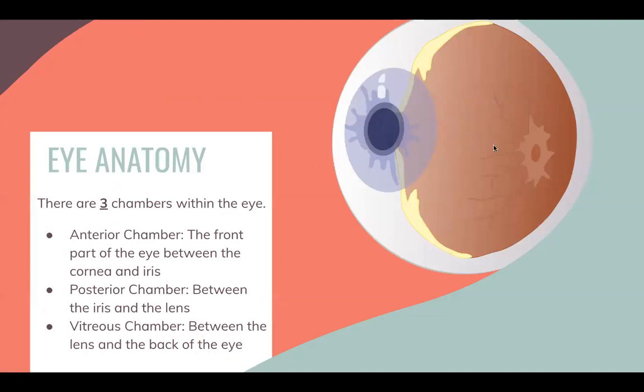So eye anatomy, right? So there's 3 chambers within the eye. So we have the anterior chamber, which is the front part of the eye between the cornea and the iris. So this right here, if we look at this, this is, in quotation marks, the pupil.